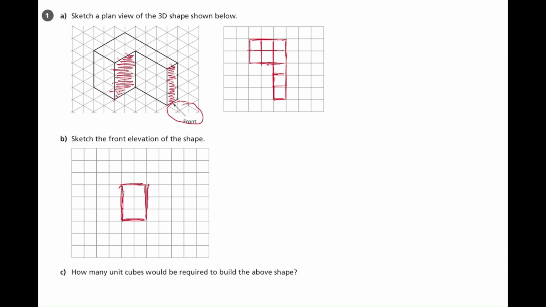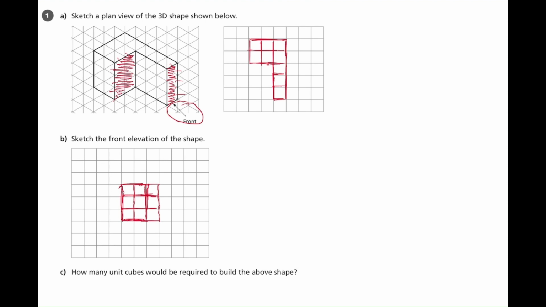It's just 1 square across, also a height of 3. So we have the 2 rectangles. So the front elevation will look as shown.